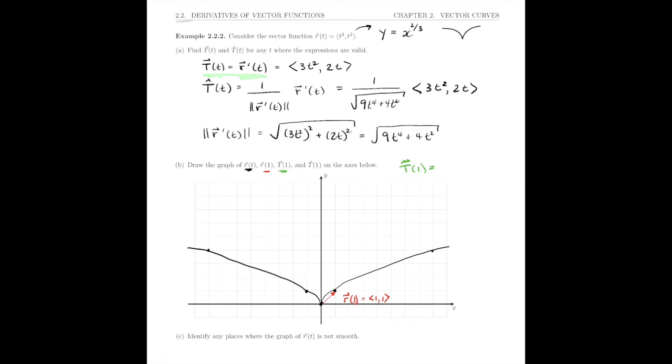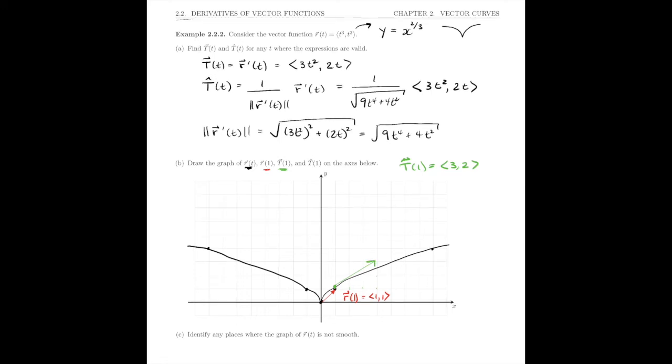So we're getting 3, 2. And I'm going to draw that starting at that same position. So if I go over 1, 2, 3, and up 1, 2, then the tangent vector, it doesn't look good there. Let me draw that again. There. So the tangent vector T of 1 is in green.